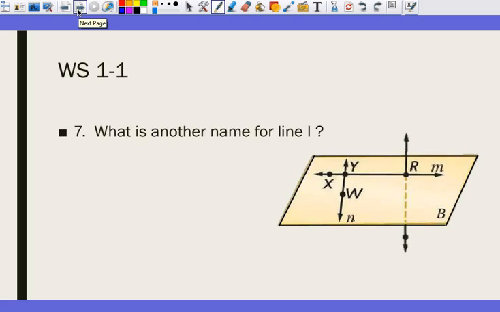Okay. What is another name for line L? Where's line L? It's right here. 2 points on it. The only 2 points on there are R and Z. So the only 2 options you have are RZ, ZR. What's wrong with both of those? They don't have the hats. You know how I read this?